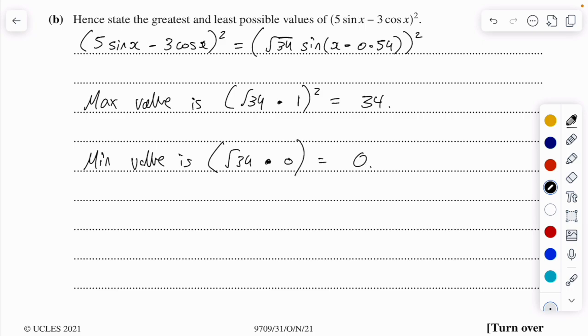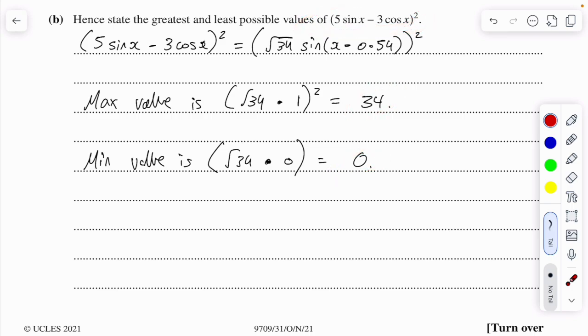And that's basically the question done. All you have to do is recognize that we're working off the sine function here. Max value is 1, min value is 0. If you times by root 34, and it's squared as it wants, then you get the following answers.